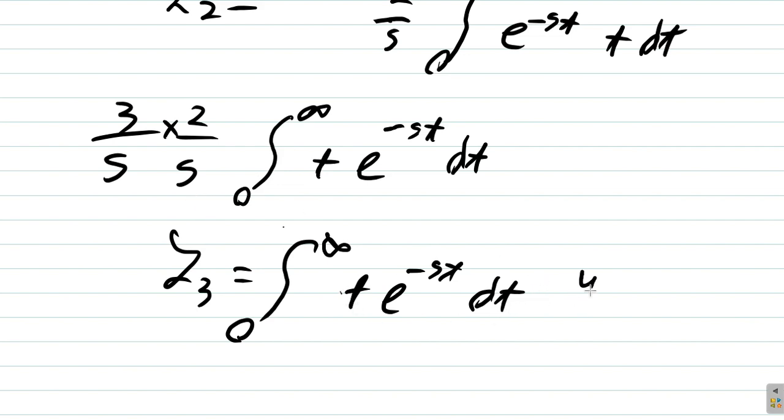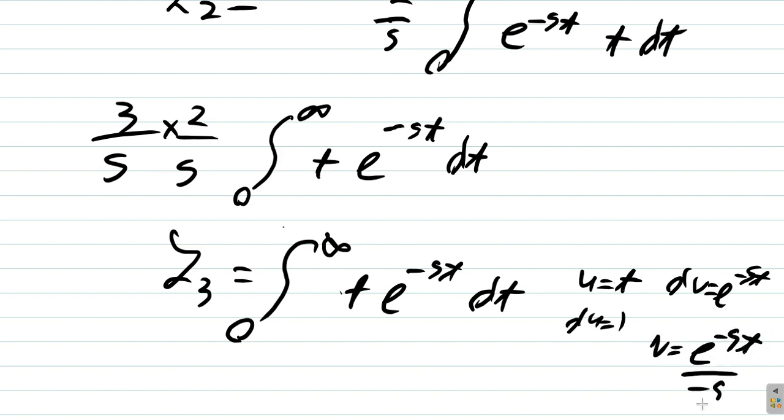Now our u is t, our dv is e to the negative st, so du is going to be 1 and v is going to be e to the negative st over negative s.